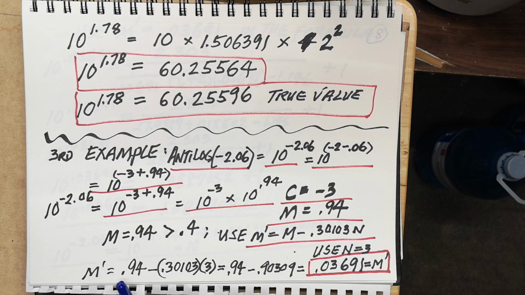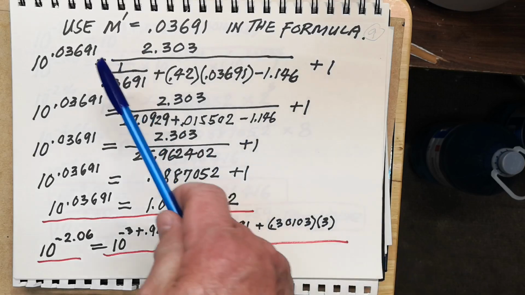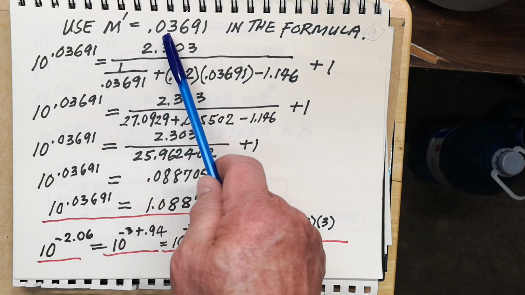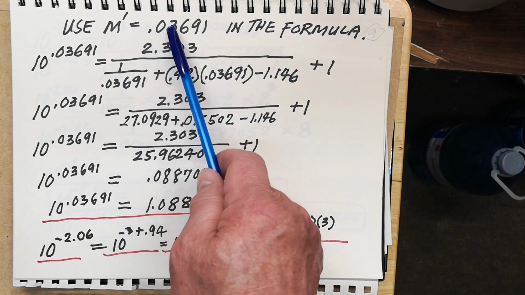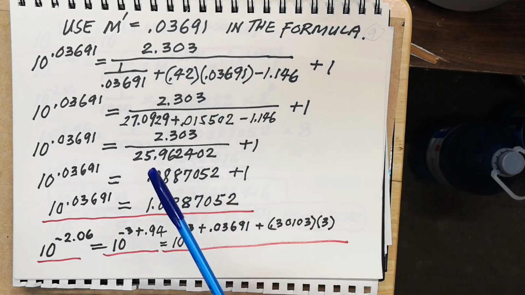That is when n is equal to 3. So m prime equals 0.94 minus 0.30103 times 3, and that is 0.90309. So this one minus that one, you get the new m prime, which is 0.03691. Use m prime, this value 0.03691, in the formula.